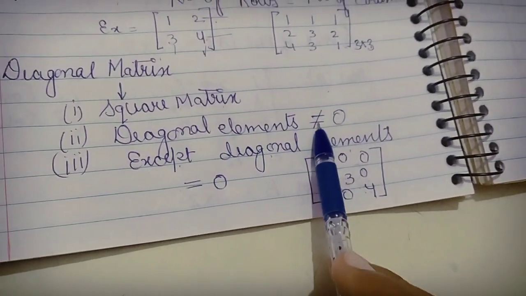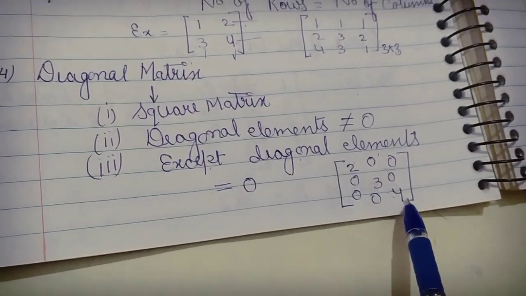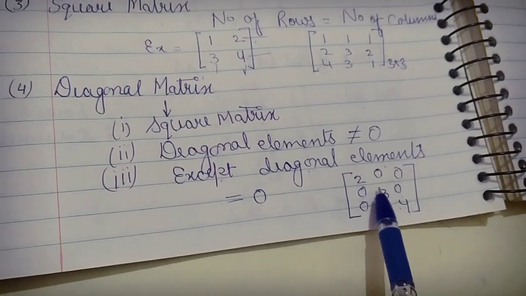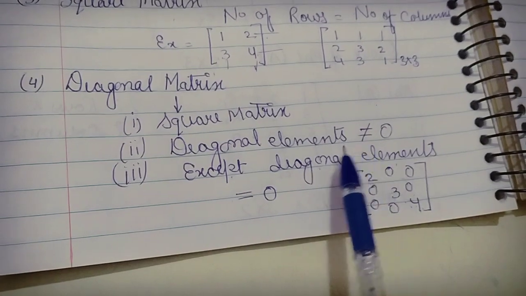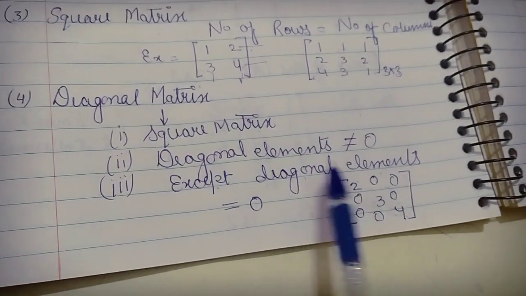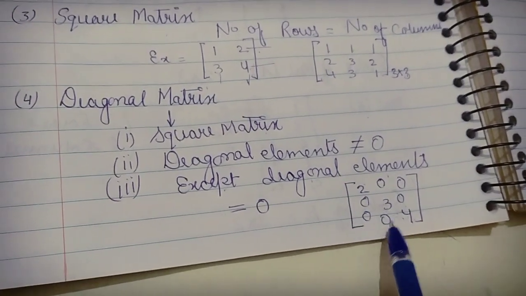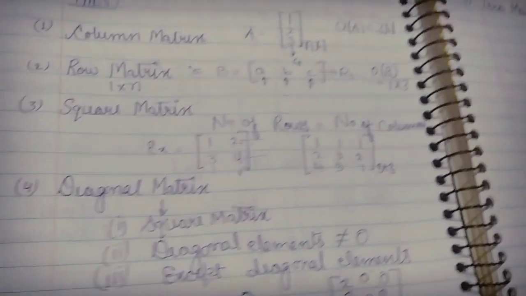Diagonal elements must not be equals to 0. Here the diagonal elements, this is known as the principal diagonal, and the elements of principal diagonal is not equals to 0. Remaining elements, that means elements except diagonal elements must be equals to 0. This type of matrix is known as diagonal matrix.